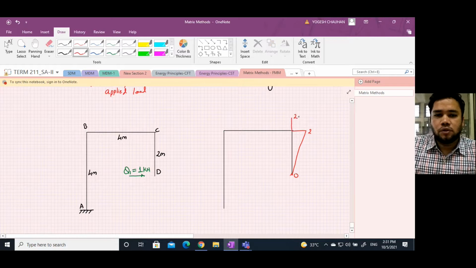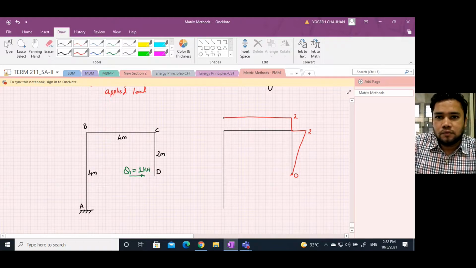This will also be 2 kilonewton meter. Now at any point on member BC, the moment due to this Q1 equals 1 kilonewton will be 2 only. So it will be constant for this.